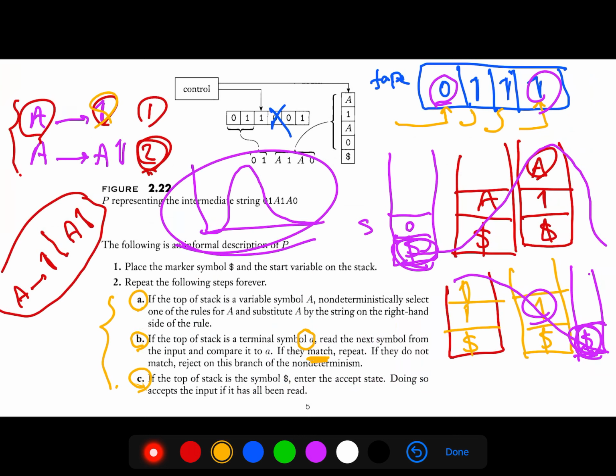In case A, if the top of the stack is A, you just use one of these rules that you know, this one or this one. But if the top of the stack is a terminal, as I said, for example, if it is 1, we see if they match, we repeat it. If they do not match, we reject it, because we say that that string is not accepted by our machine.